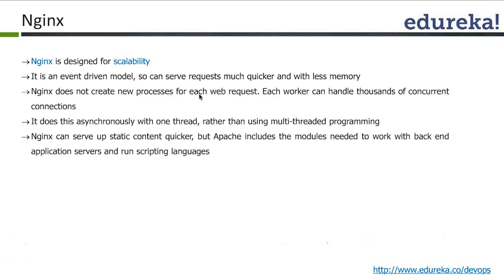Nginx does not create a new process for each web request. Okay, we saw that each worker can handle thousands of connections, and it does this asynchronously with one thread rather than using multiple threads. Nginx can serve static content quicker, but Apache includes the modules needed to work with the backend application, and so that's why I said Nginx can also behave like a proxy.